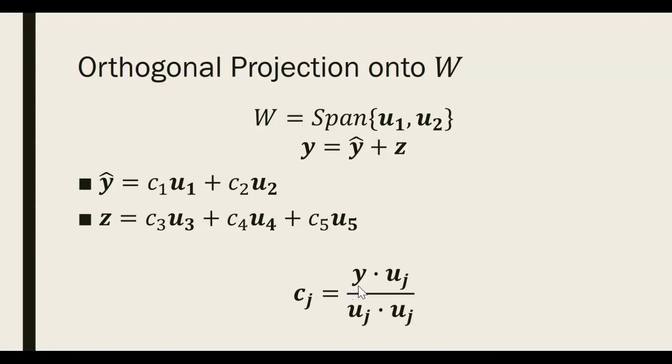You just take y inner product with whatever U, divided by that U inner product with itself. So that's it. That's the orthogonal projection onto a subspace W. Now, W is going to be a subspace, so it's going to be a span of things. And notice that we do have to start with an orthogonal basis for W in order to make this work.